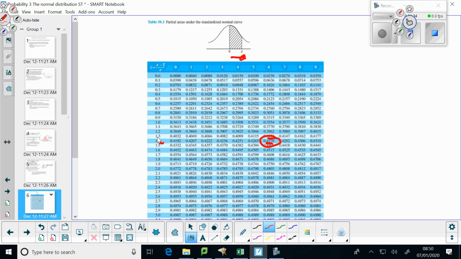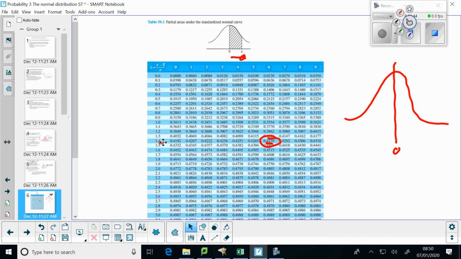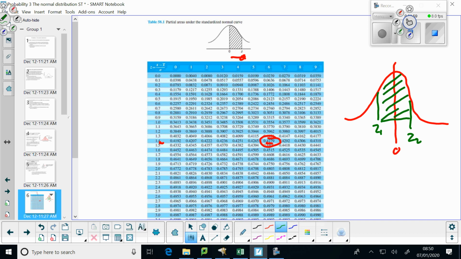And as you'll see shortly, if you've got that, and there's your 0 part there, and you want to find the probability between two z values, z1 and z2, what you'll do is find the area using the first z value and add them together.